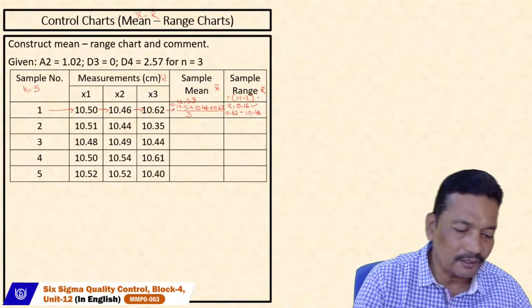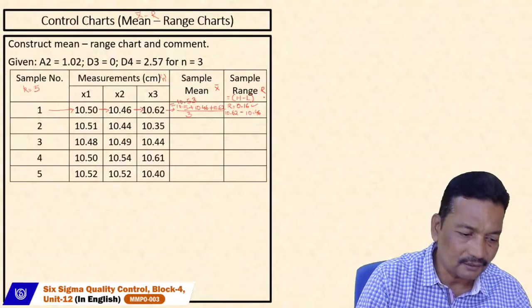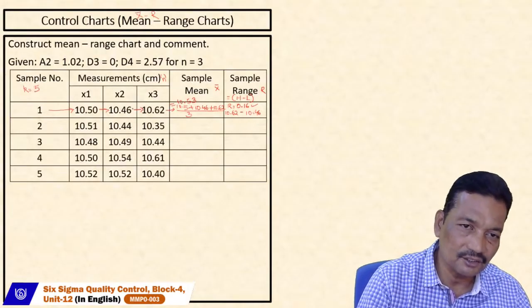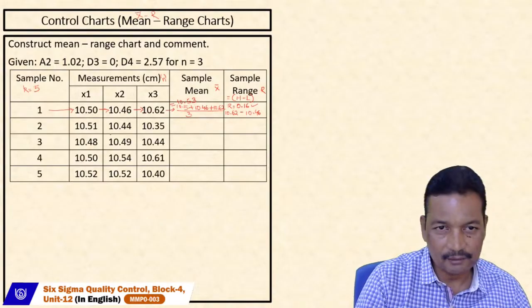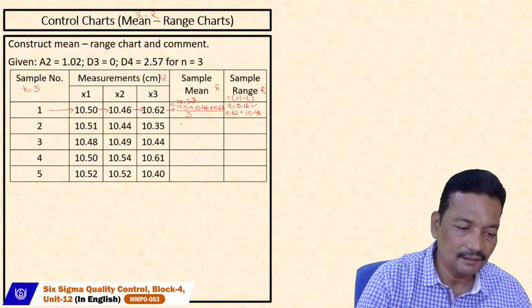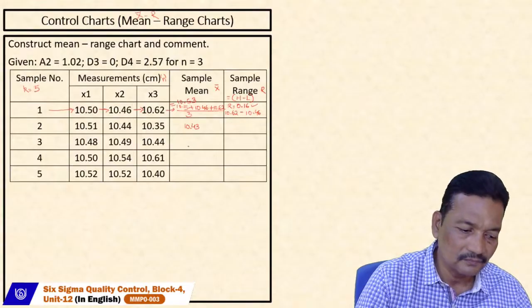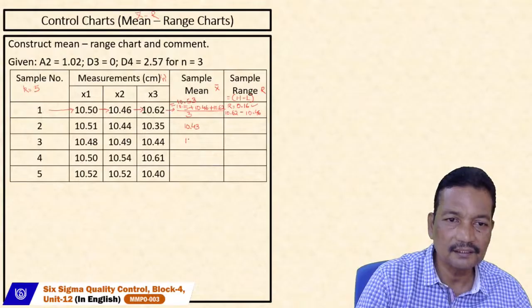Now we'll start calculating all the sample means as well as the sample range. All of you can calculate this now. So the second one is 10.43.